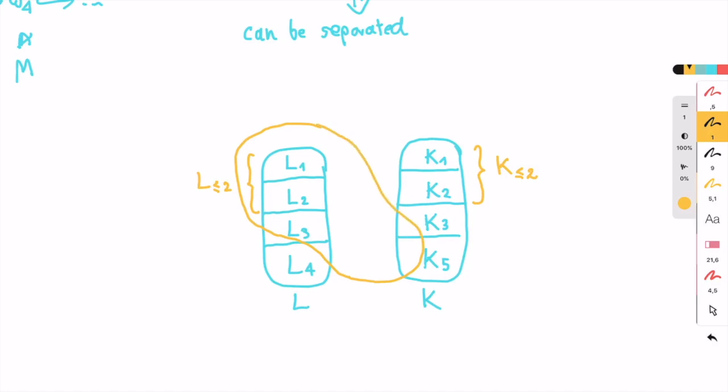But we do know that it separates, that it avoids K1 and K2. So this is a separator for L at most I and K at most I. And by induction on I, we will show that such a separator exists, and once I reaches its maximal value, we get something that separates everything.